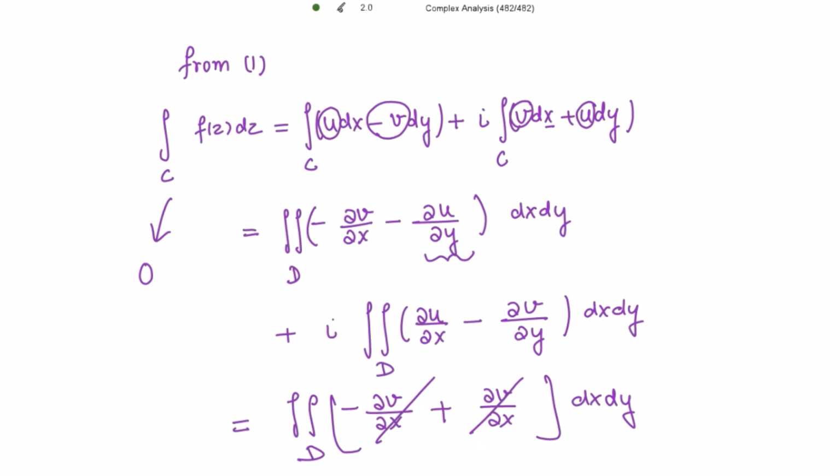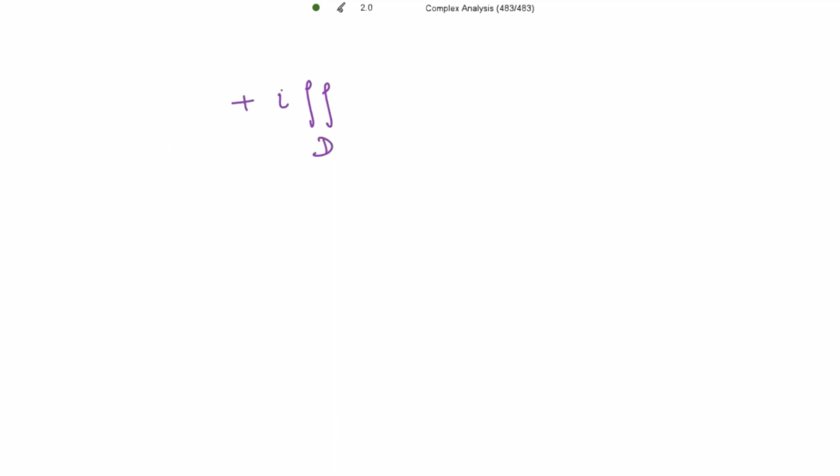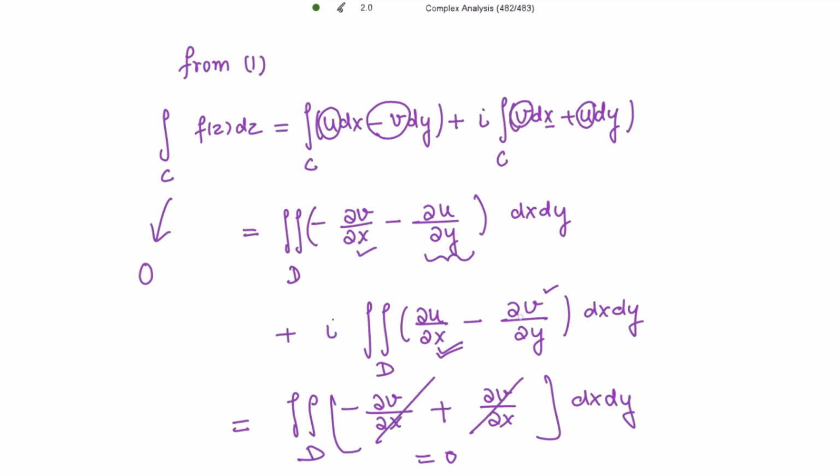So now these two are the same and opposite to each other, so I am cancelling this. We have 0 over here, and then plus iota, double integration. Here writing again the first term as it is, changing the second one. So writing the first term as it is minus partial derivative of v with respect to y.